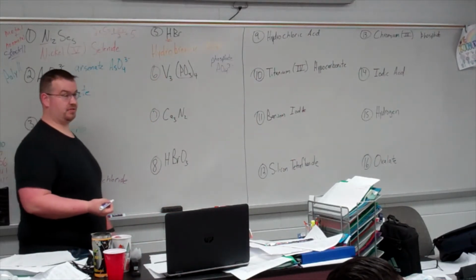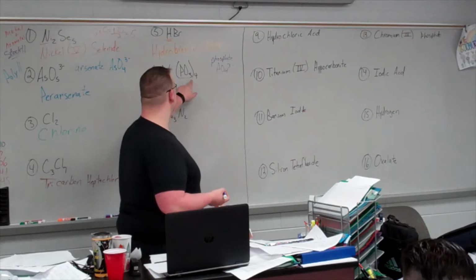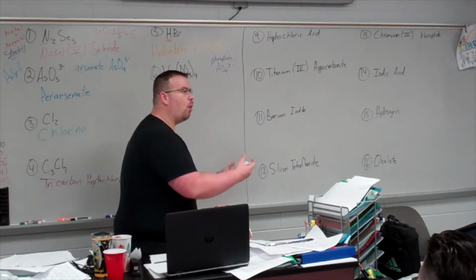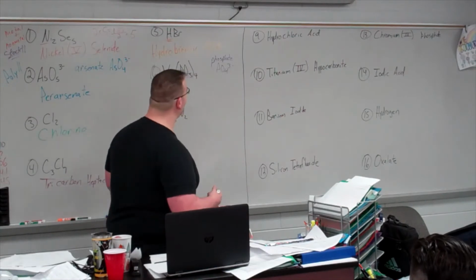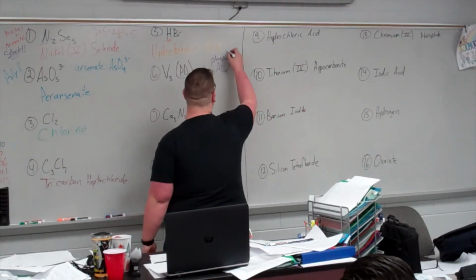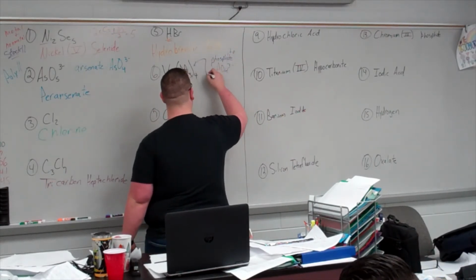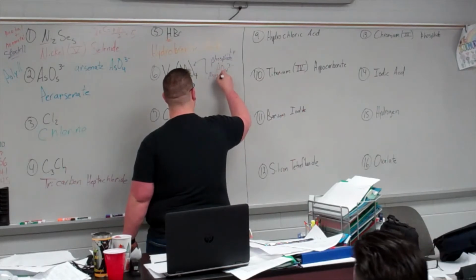Make a comparison. There's 4 oxygens in phosphate, there's 3 oxygens in this one. There's 1 less oxygen. I remember from my rules, the ending of the name changed when I lost 1 oxygen to ite. So now I know that that polyatomic is phosphite.